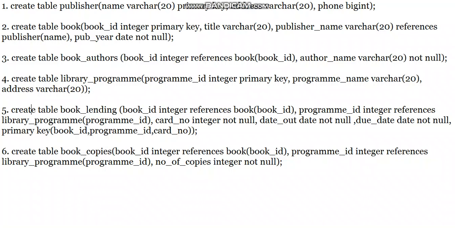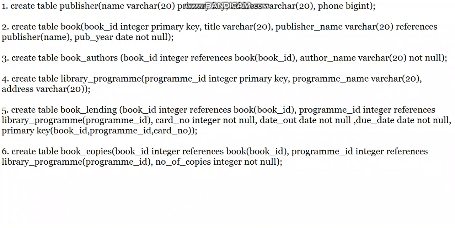Book lending has the attribute book ID, an integer that references book. You always have to refer to the parent table, that is book. Why can't I refer to the book ID of the other table? Because that is also dependent on book. So you always refer to the parent one, the first table which has book ID as primary key, and this is the reference key.